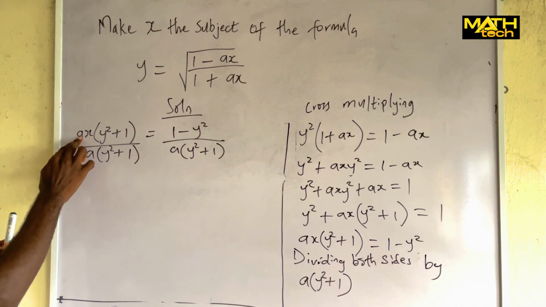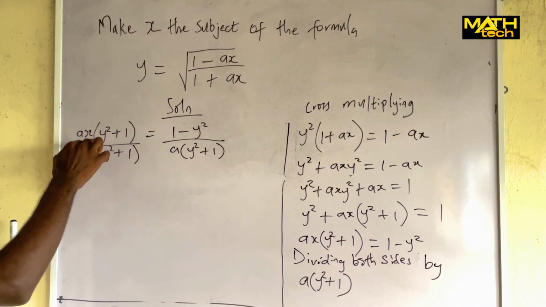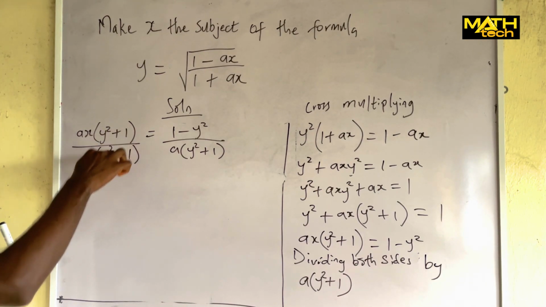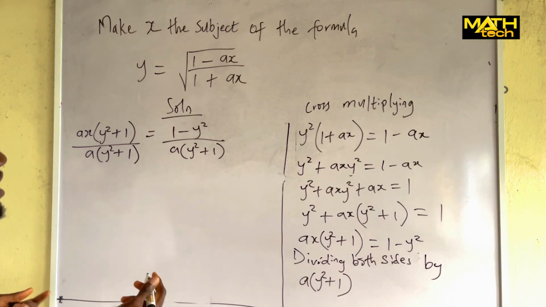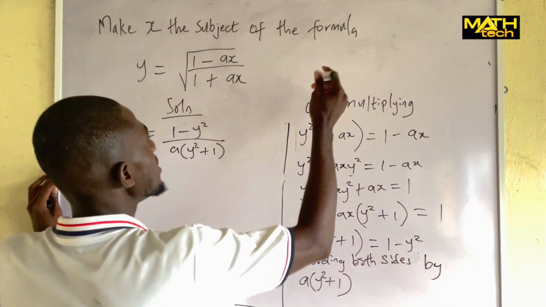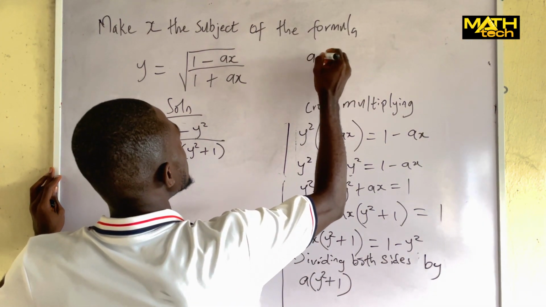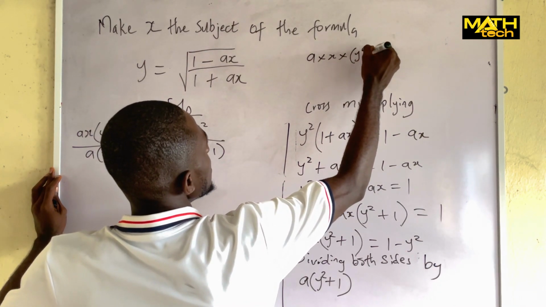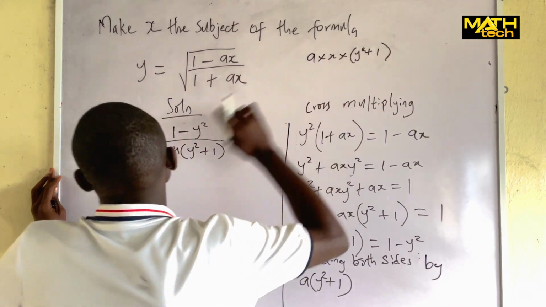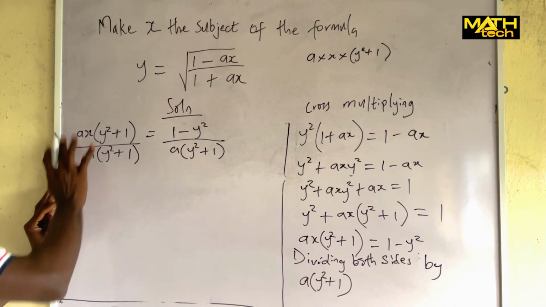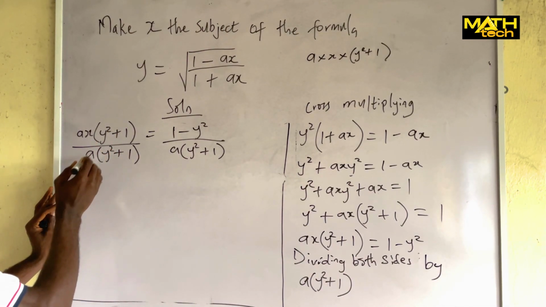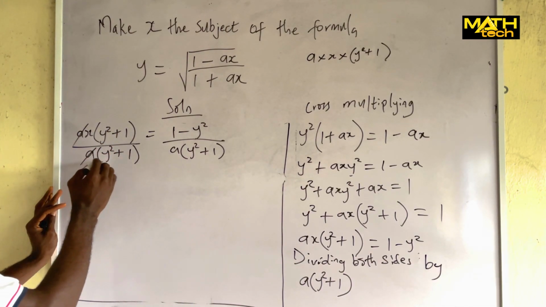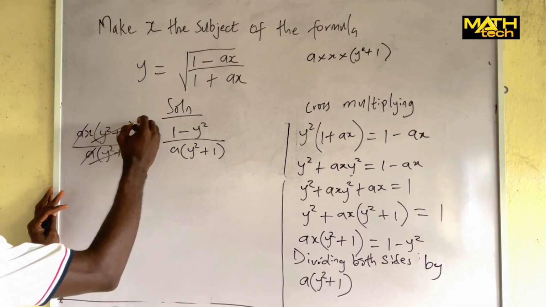Now, this expression ax into y squared plus 1 is the same as saying a times x times y squared plus 1. So it is very easy that we divide this by just cancelling a, and we also cancel y squared plus 1 and y squared plus 1.